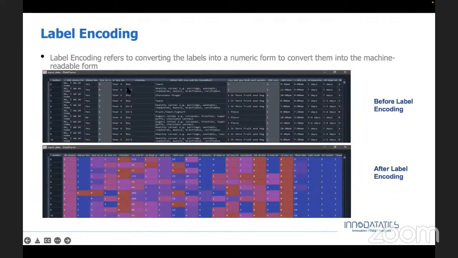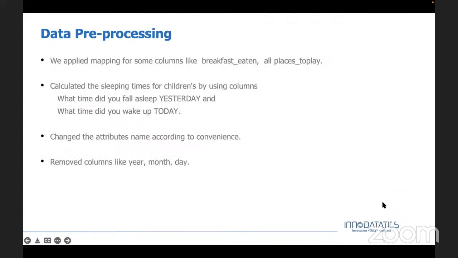Before label encoding, this is how the data looked. After label encoding, this is how the data was converted. And there were some mappings for some columns like breakfast eaten, all places to play, etc. Sleeping times for children was calculated.